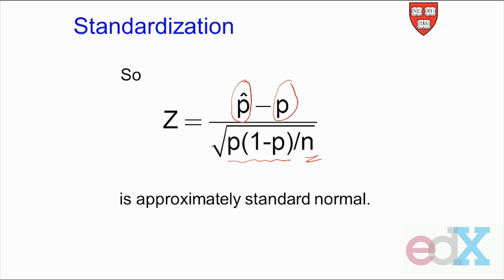Now, the distinction, what makes this more complex, is that the same p that we're interested in appears in the mean, and it appears in the standard deviation or the variance. And that's what makes this a little bit more complex.